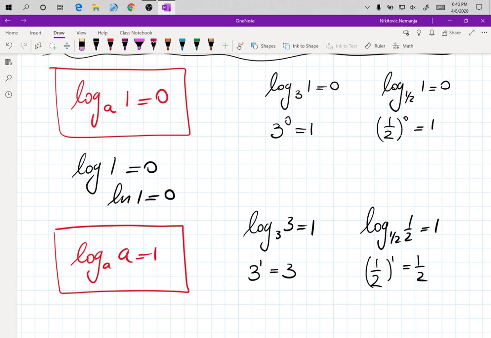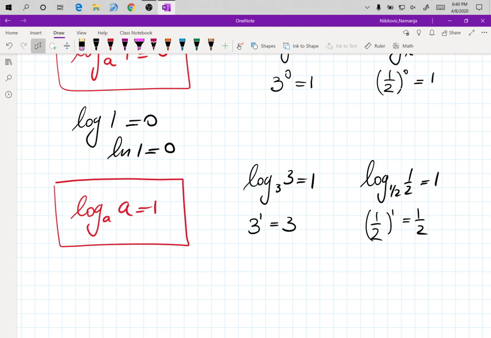What about log base 1 of 1? Well, think about it. It's going to be 1, right?